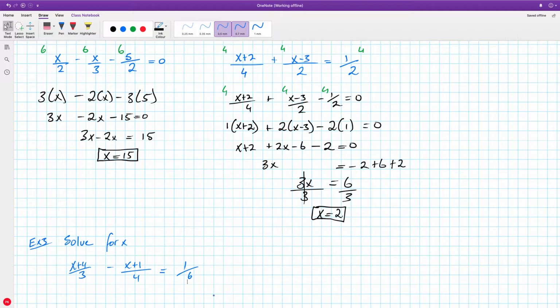So we haven't quite got the simultaneous equations yet. These are the linear equations with fractions. So it's kind of working through these first.